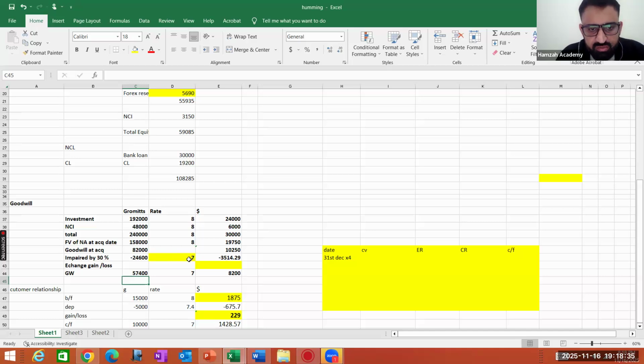And this impairment loss will be translated at the closing rate because this loss occurred at the year end. So in terms of dollar, it is 3514. And according to IAS 21, goodwill will be retranslated using the closing rate.